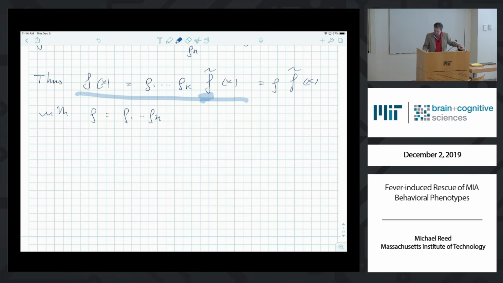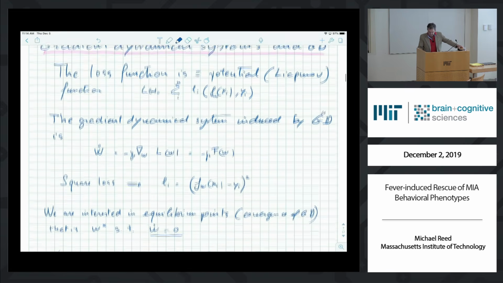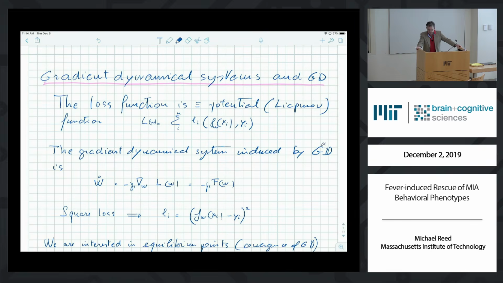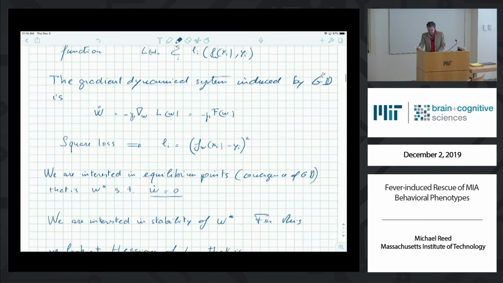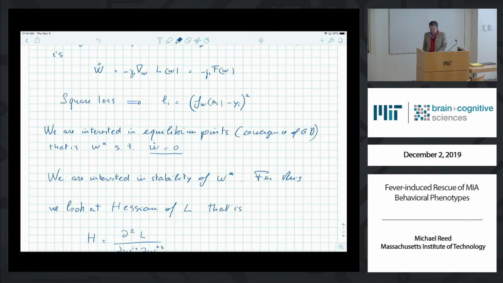And so I can call rho the product of the norms. All right, now let's go back to gradient descent. And of course I could do gradient descent on the square loss.